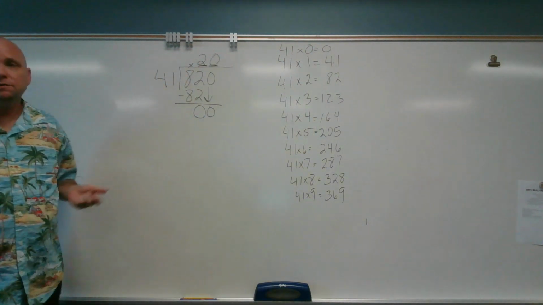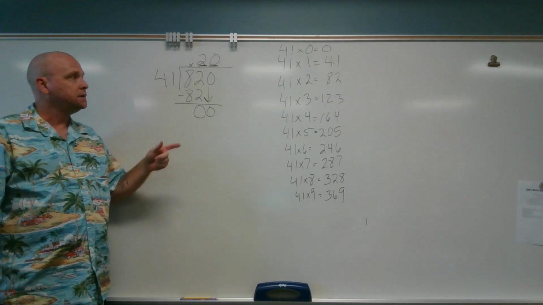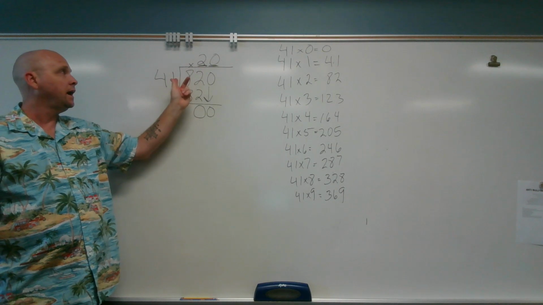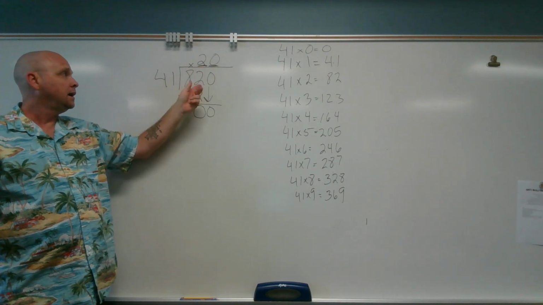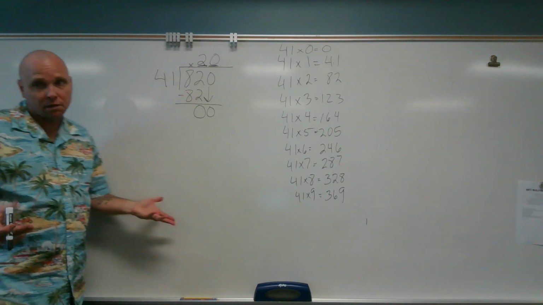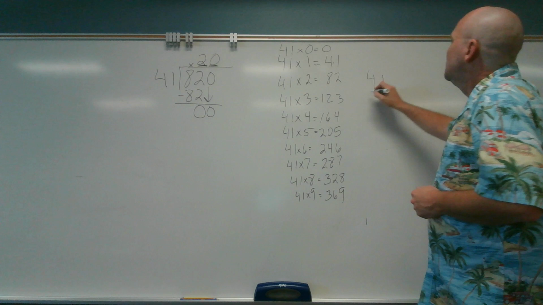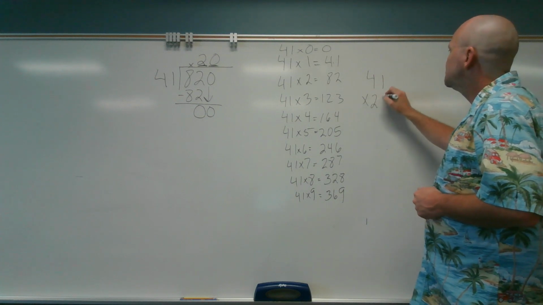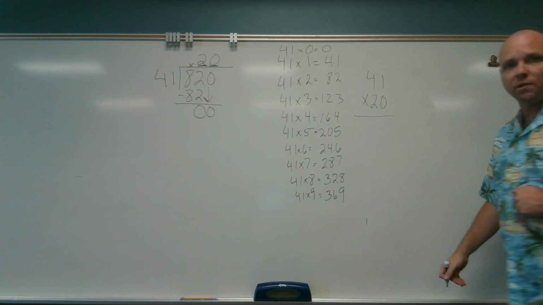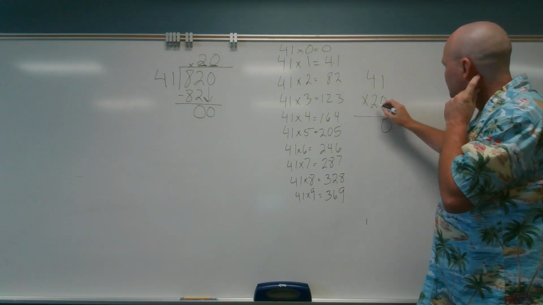But I'm going to tell you, based on my experience, I've seen way too many people say 820 divided by 41 equals 2. Well, if you check it, that won't make much sense. 41 times 20, our divisor multiplied by our quotient. Here's a 0, all I have to do is bring it down.